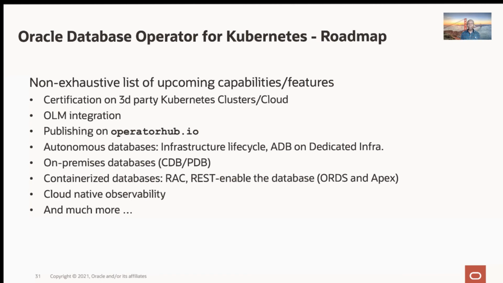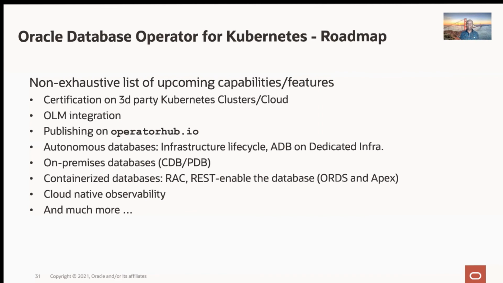In terms of containerized databases, we will support a RAC cluster deployed in Kubernetes. We have already announced RAC in Kubernetes, but it's not yet managed by the operator. So on the roadmap, the operator will manage the lifecycle of RAC databases deployed in the Kubernetes cluster.